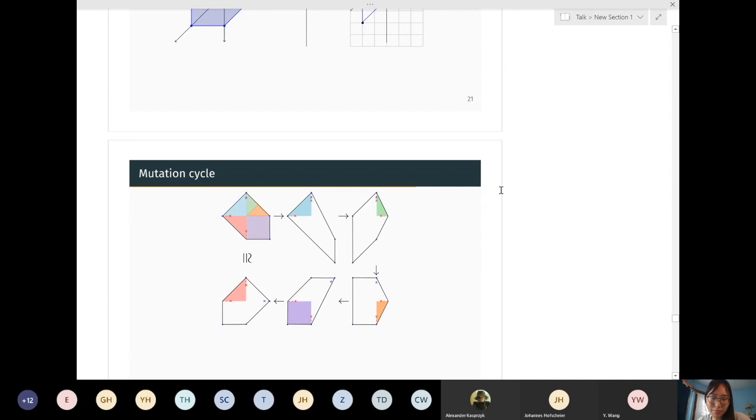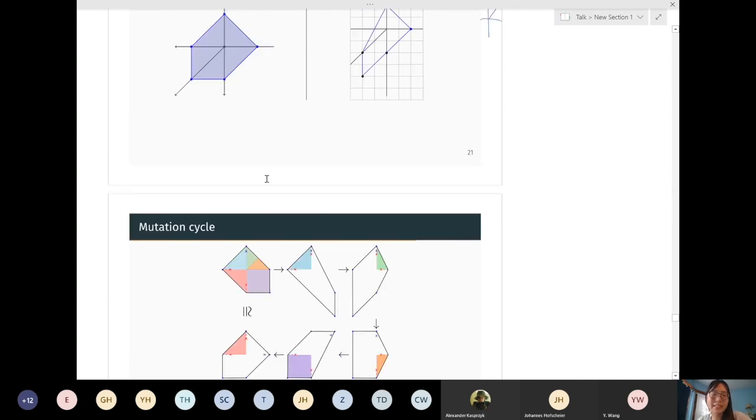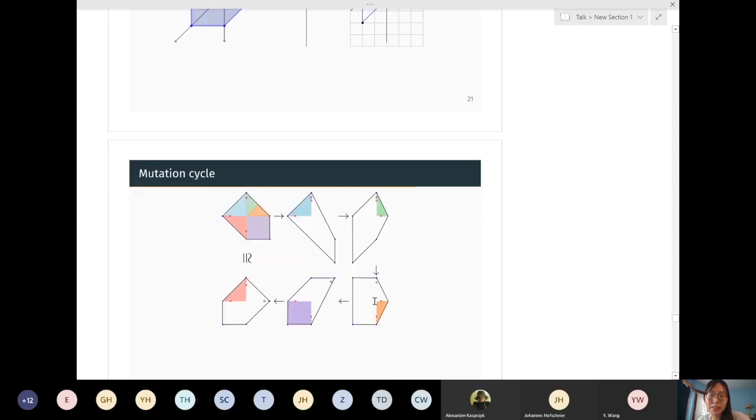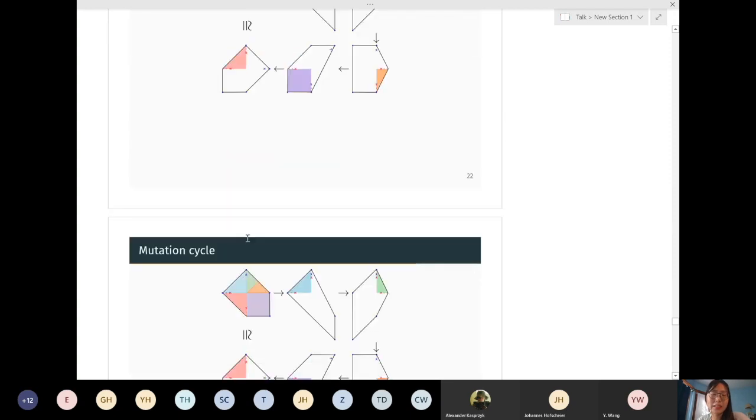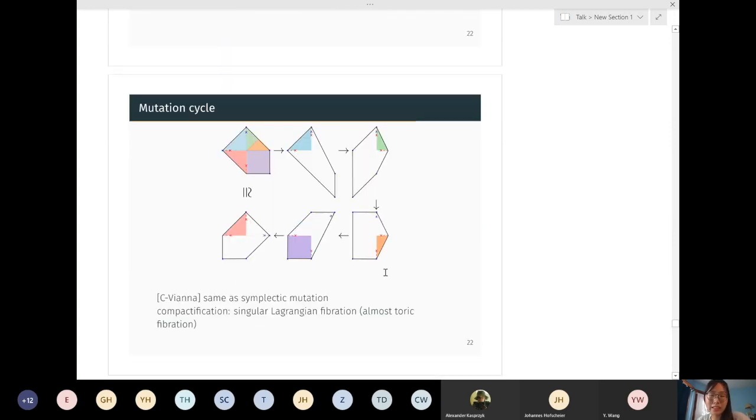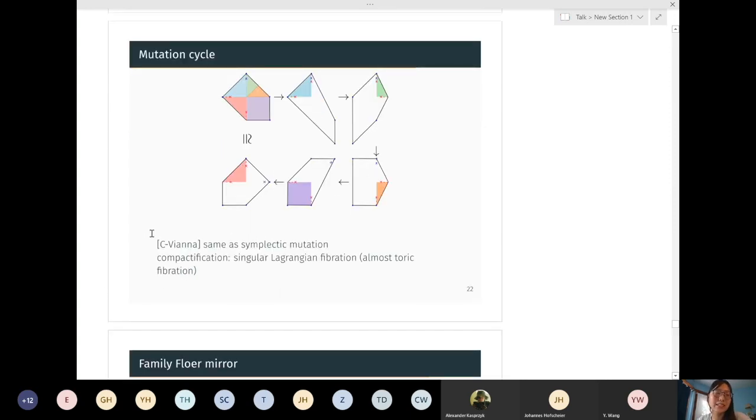And then you can see here, we keep on flipping the picture, but it's still the same thing. You can see this one, I got this one, and then this one are just the mutation of the scattering diagram. We can have this mutation cycle here, and it turns out that this mutation cycle, the reason the color is not the same, is that the flip is not drawn by me but by Rinaldo, because this is something that appears in his symplectic setup, which he got from the symplectic mutation.